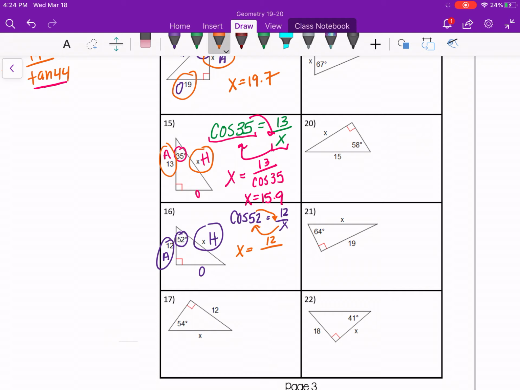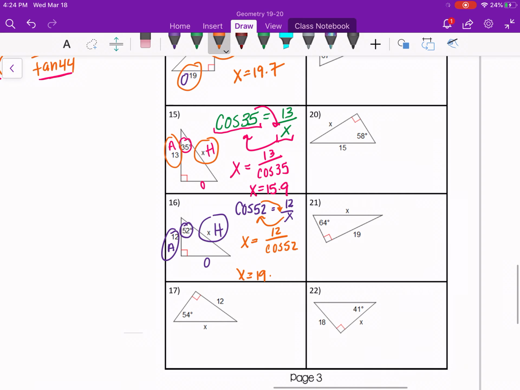X equals 12 over cosine of 52, which, run that through your calculator, you should get... I think I did something wrong. Oops, I'm not in degrees. You should get 19.5.